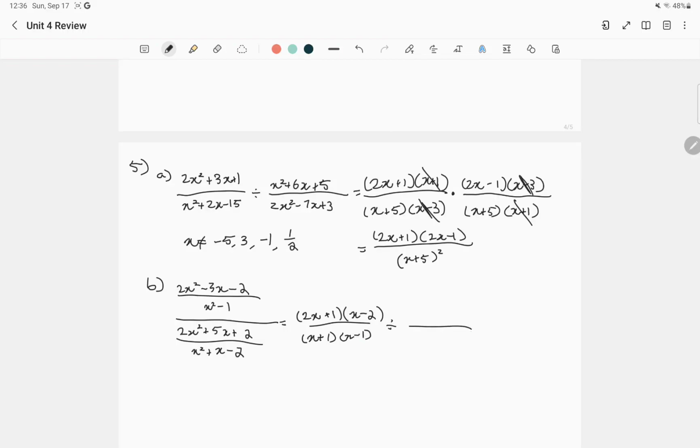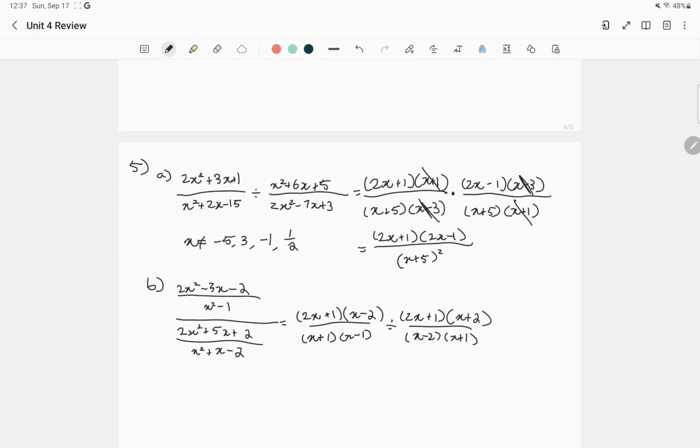Then divide. On the bottom, we have x minus 2 plus 1. Then we're going to have 2x plus 1. And x plus 2, like this, because you want 4x and another x.